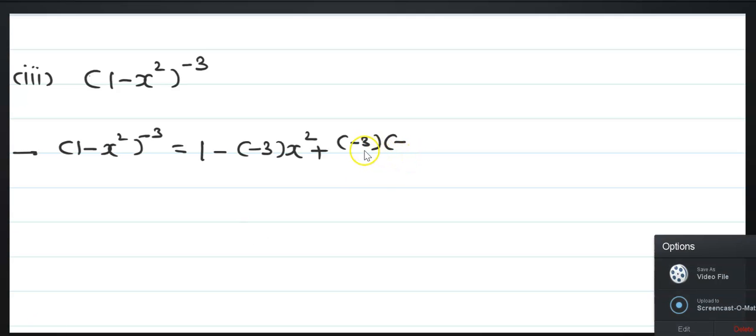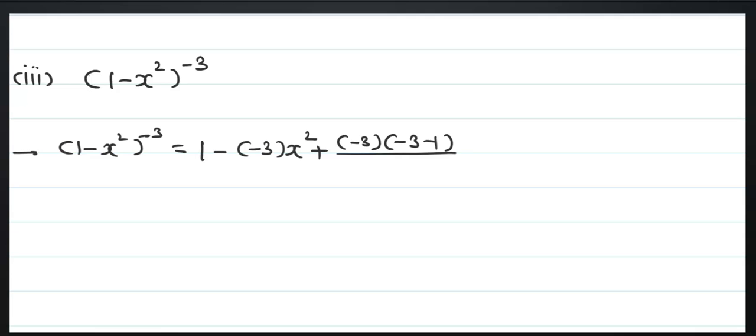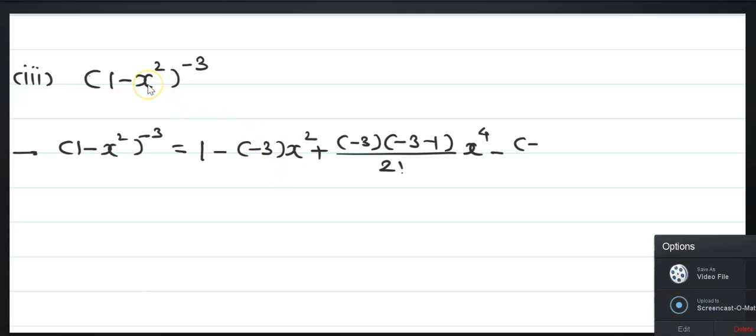Next is minus 3 into minus 3 minus 1 upon 2 factorial into x raised to 4.